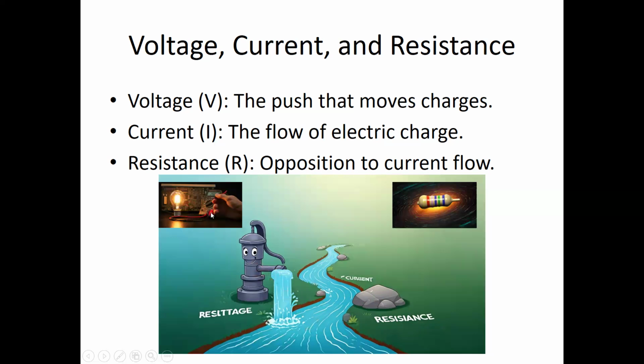Here in this picture, we see that an electric bulb is powered by means of an external voltage that pushes the charges through the filament of this bulb, and as a result current flows through the bulb, and the light is the final result.